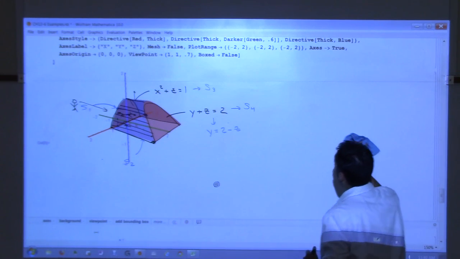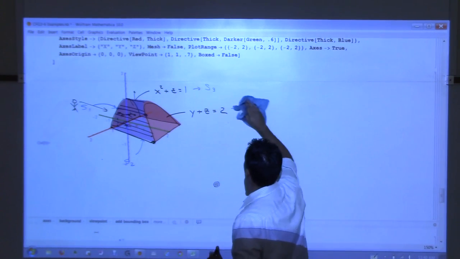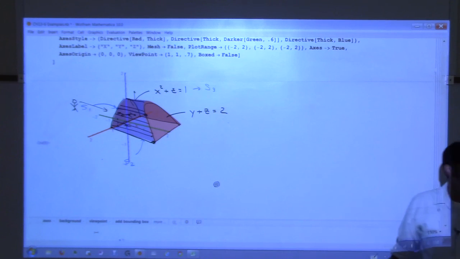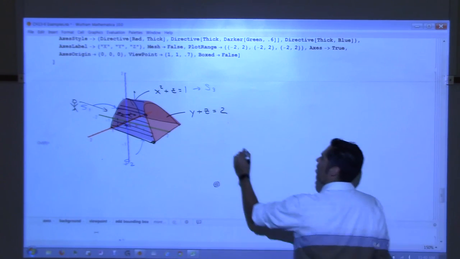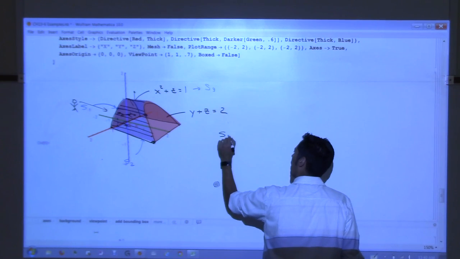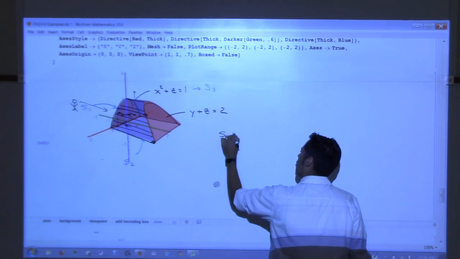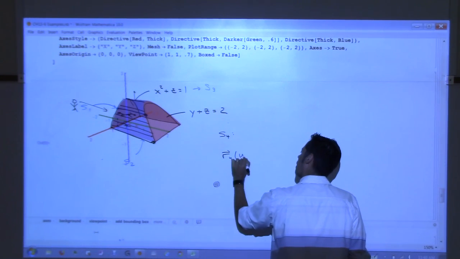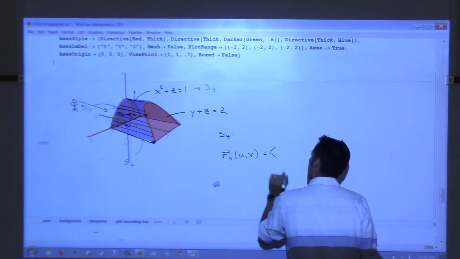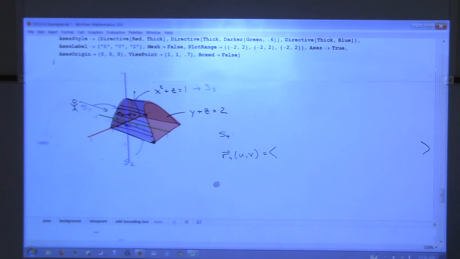S4 now? S4 should look a lot like what? S1. They're almost the same, except that the y value is fluctuating. So S4 should look like S1. I forgot what S1 was.